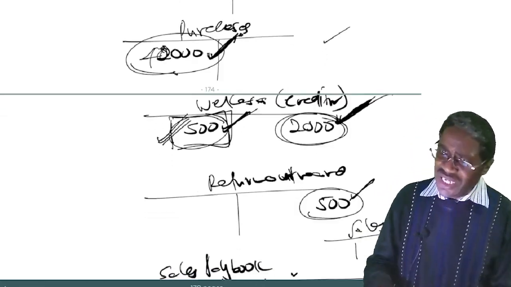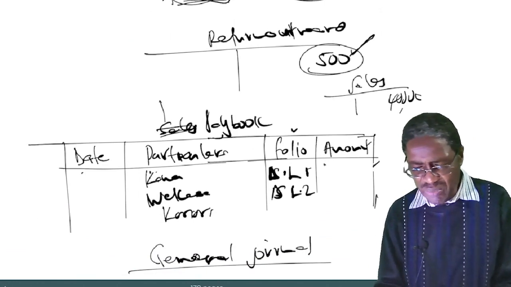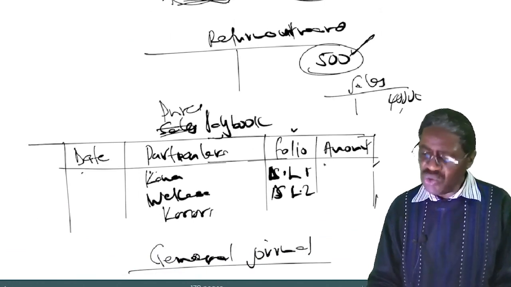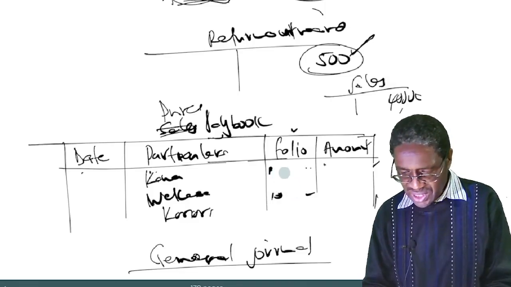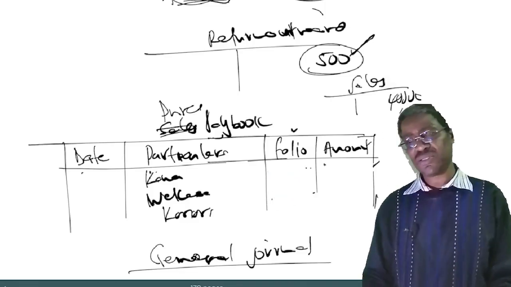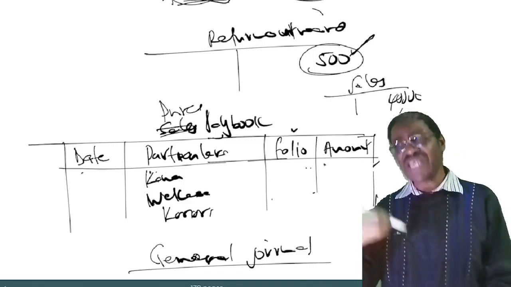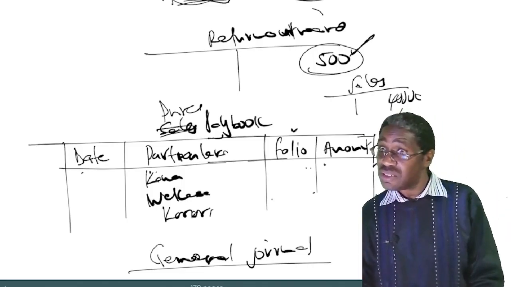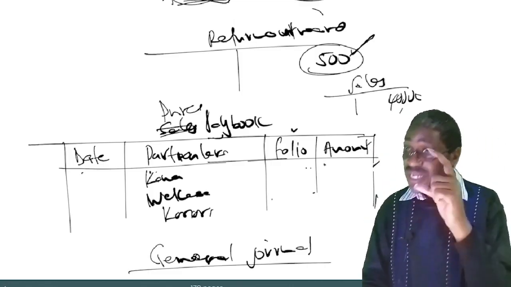So again, in the folio column, this is the purchases daybook now. Somebody wanting to look at Wekesa's account as a creditor, where can he get it? He will get it in a book or a ledger.